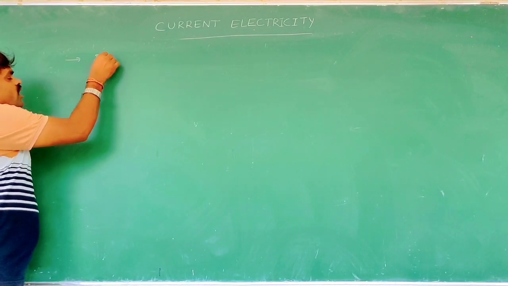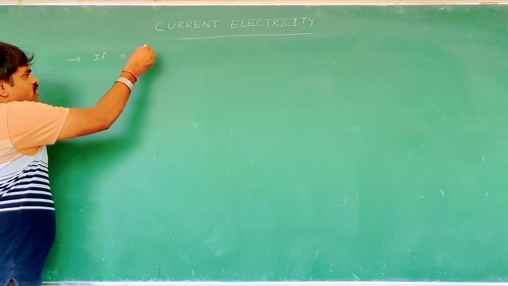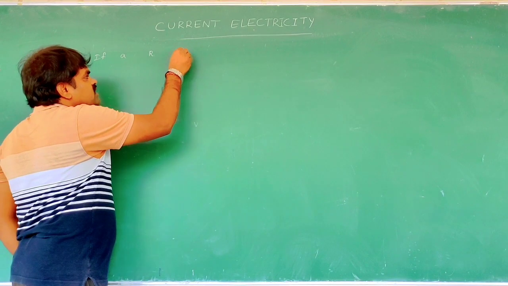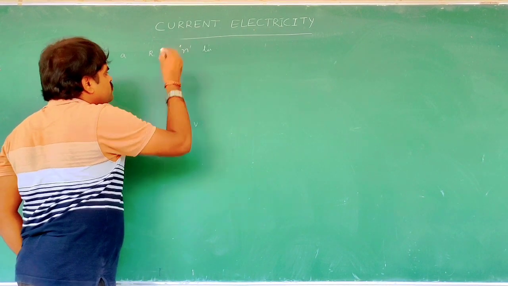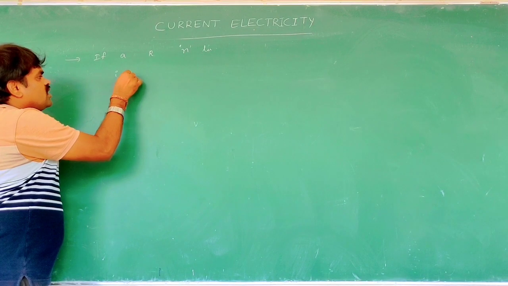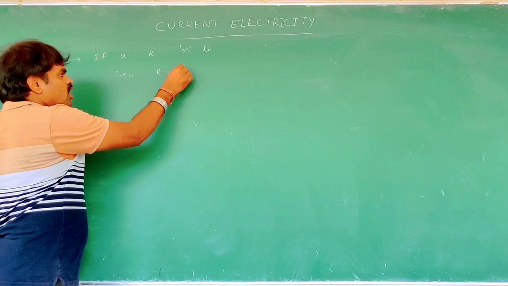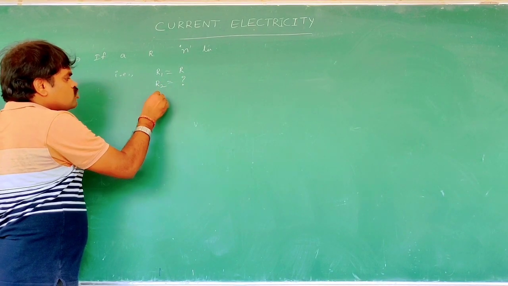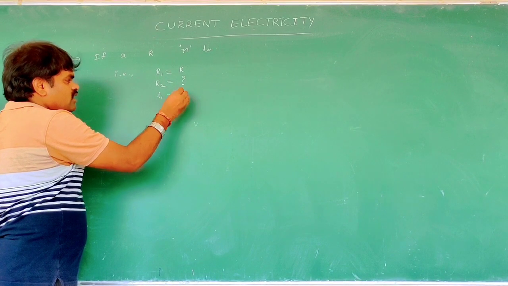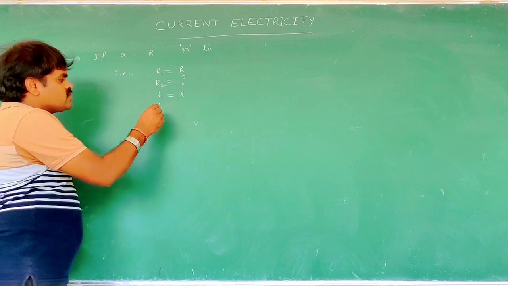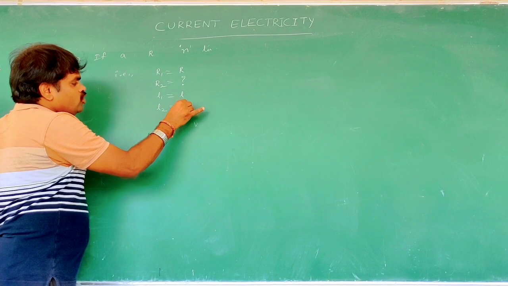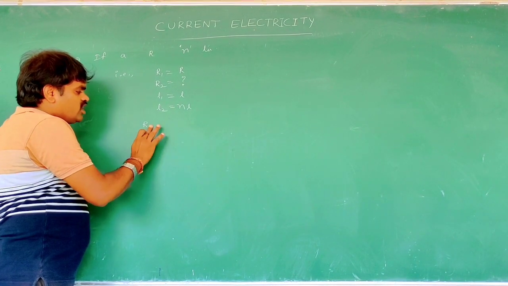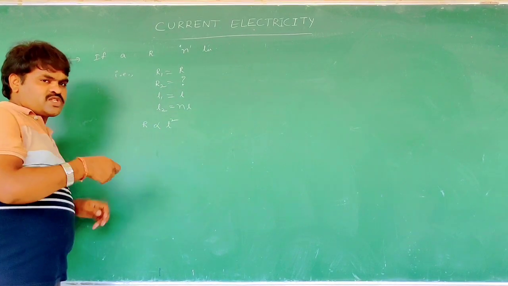If a wire of resistance R is stretched to n times its original length, then R1 is equal to R, R2 we are finding, the original length L1 is equal to L, and L2 is equal to n times the original length, nL. Then R is proportional to L square because of stretching.